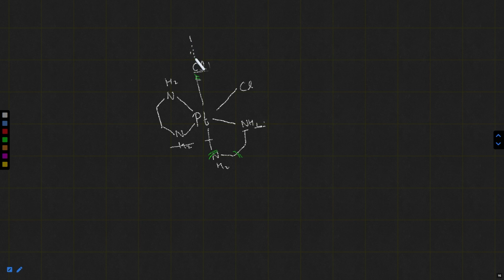Let me draw it with a dotted line to show you. Once I cut in this fashion, on the left-hand side we have NH2, whereas on the right-hand side we have Cl, so this is not symmetric. Similarly, on the left-hand side we have NH2 and on the right-hand side we have NH2, but we don't have this one. You should check each and every structure. It failed in the first part itself, where we have NH2 here and no NH2 on this side. So this does not have a plane of symmetry.